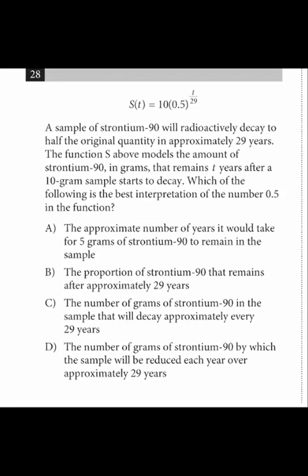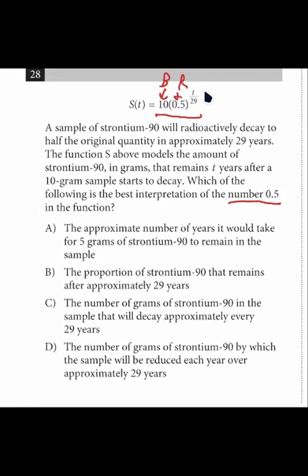Okay, so for question 28, we're given an equation. We're asked which of the following is the best interpretation of the number 0.5 in the function. Well, in this case, 10 is the base. 0.5 is the rate or proportionate rate, whatever you want to call it. I prefer calling it rate.